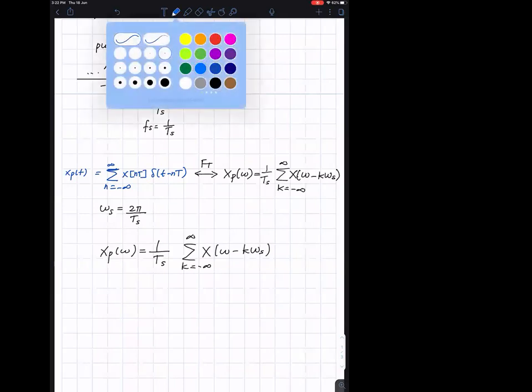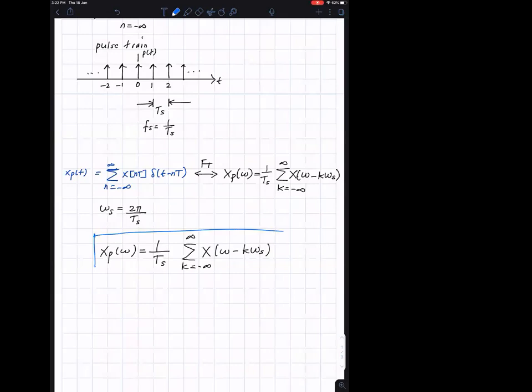So that's all you need to solve problem number 4. Let's do an example now.